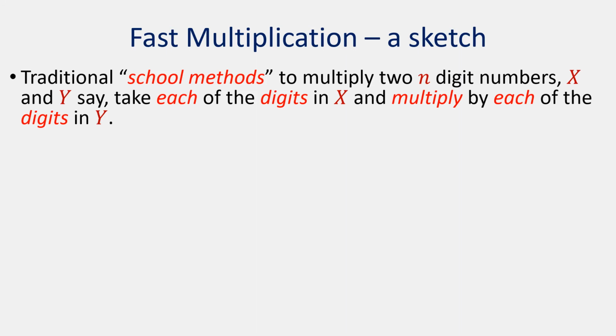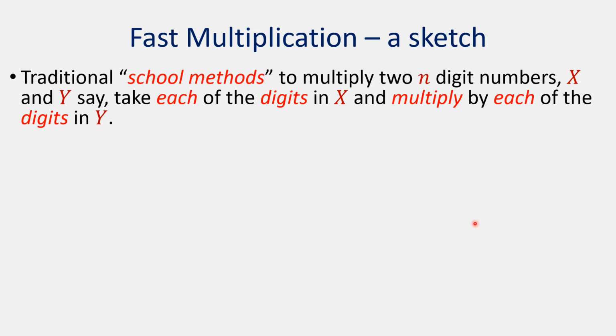Okay, so fast multiplication. How do we go about doing that? Well, you may be thinking, why do we need better multiplication algorithms? We learned how to do multiplication probably in primary school. It's a very straightforward algorithm, and perhaps it seems like there isn't much room to improve on it.